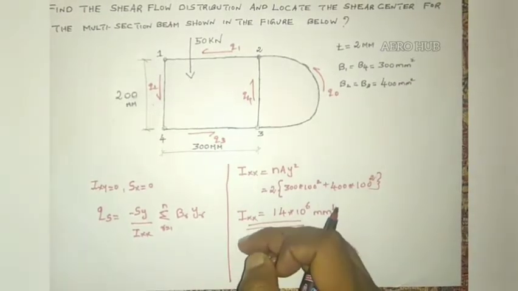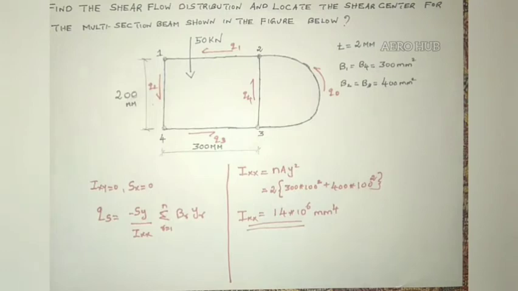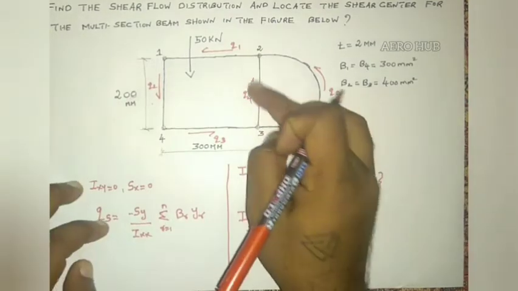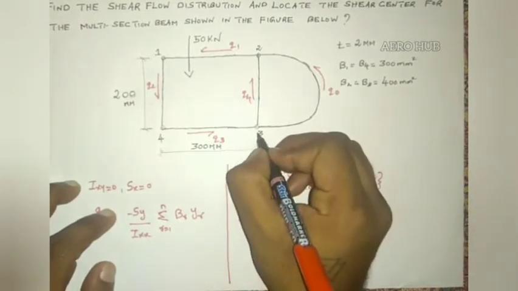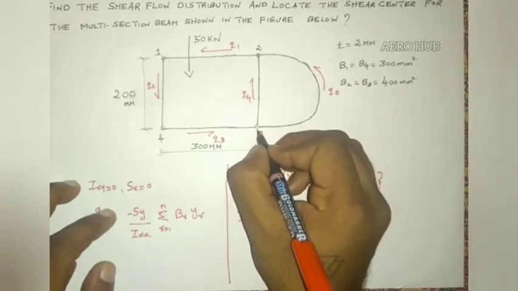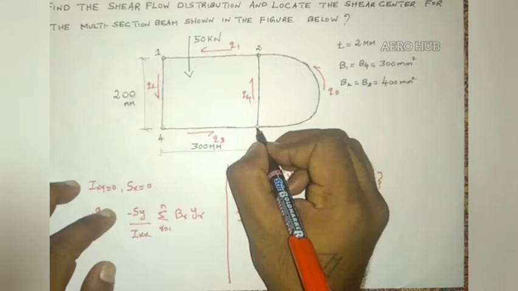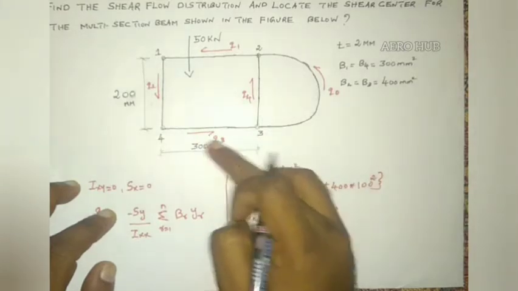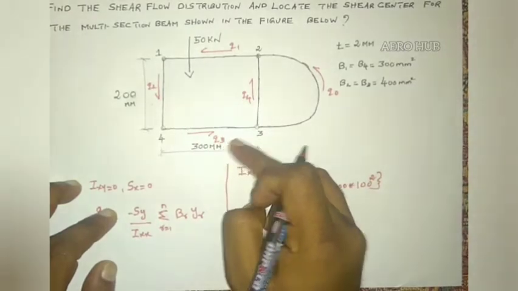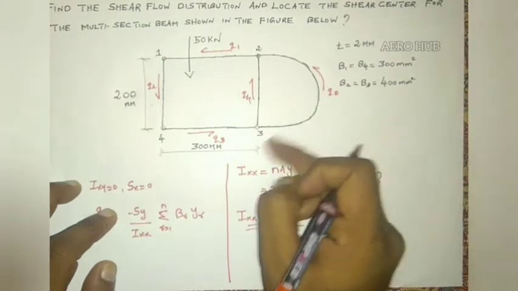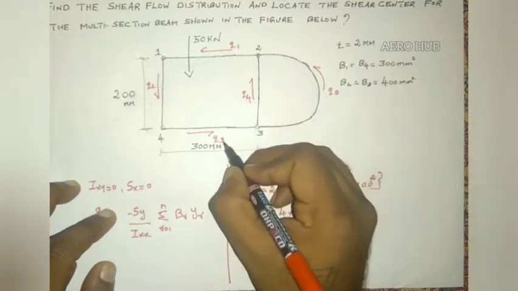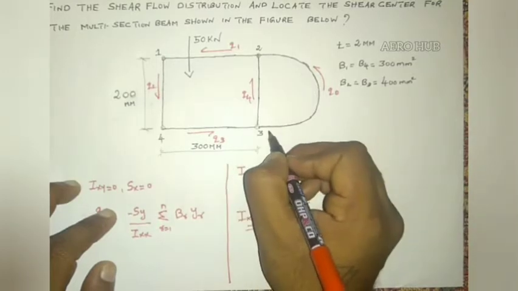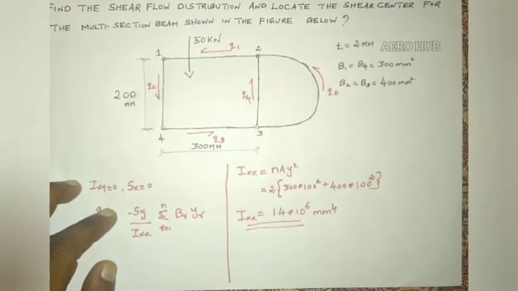Similarly, we have to find out for the portion 2-3, which is a vertical web. We can see here at point 3 we have shear flow Q3 as well as Q0. Okay, this is coming out of the point 3. Okay, so that is Q3 plus Q0 should be equal to Q4.